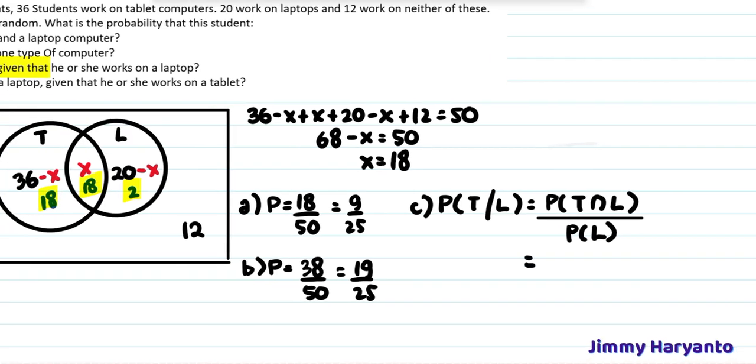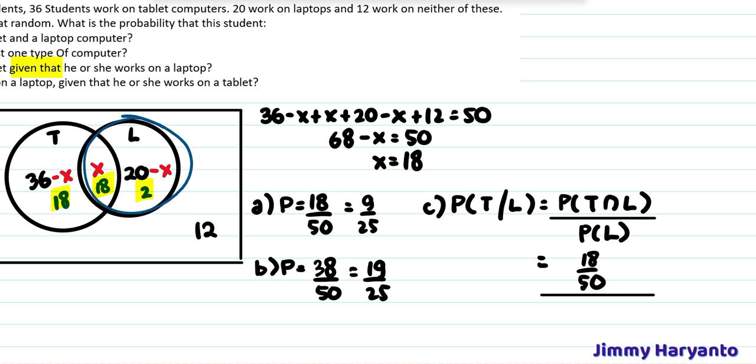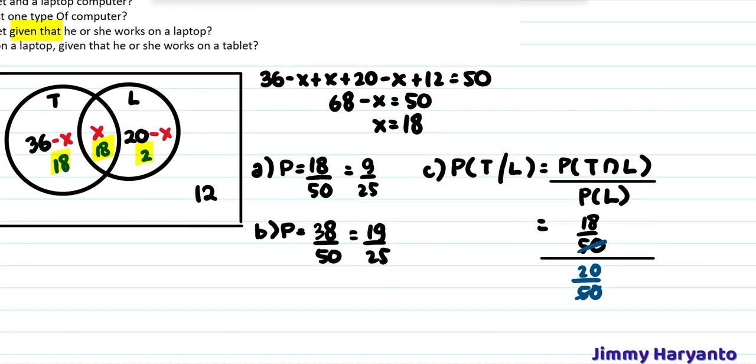So first is the probability of intersection. We already did the intersection before. That means the first one, 18 over 50, divided by the probability of laptop. Laptop means this one. That means 20 over 50. We can cross out the 50 and then simplify this. You will have 9 over 10.